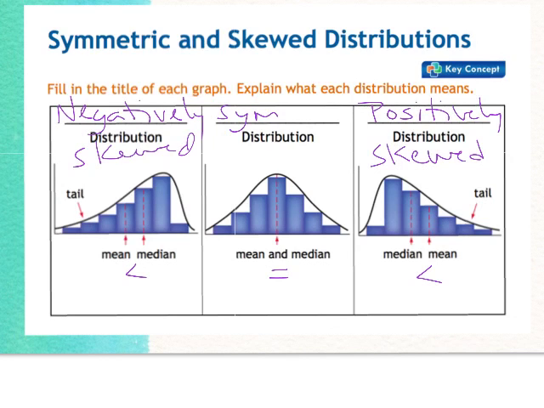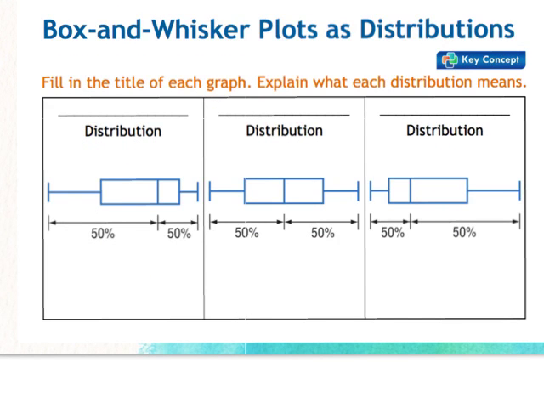Now this is a histogram. In the following, this is going to be the box and whisker plot. Same concept: you have symmetric in the middle where the mean and median are equal. Then you have negatively skewed, where the tail is longer towards the left and the mean is smaller than the median.